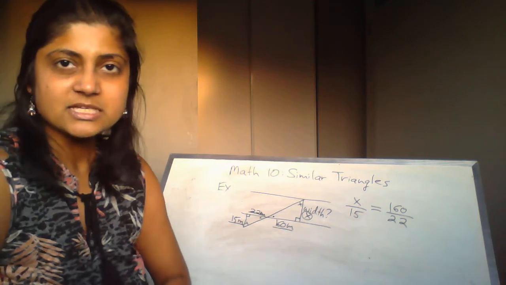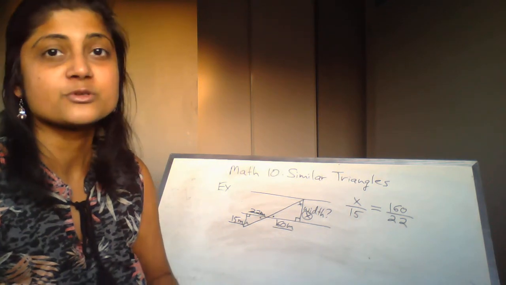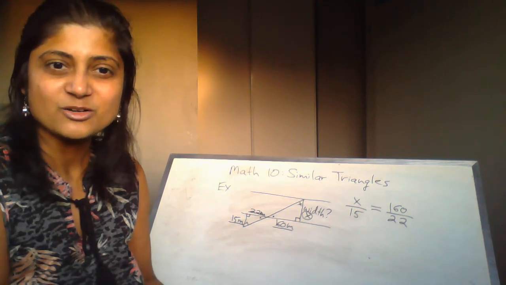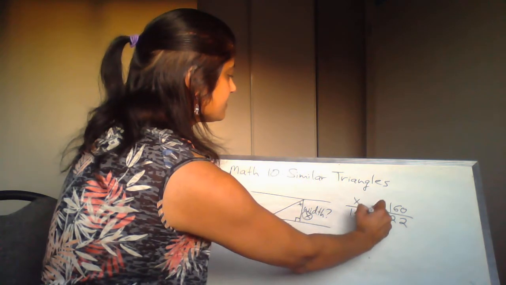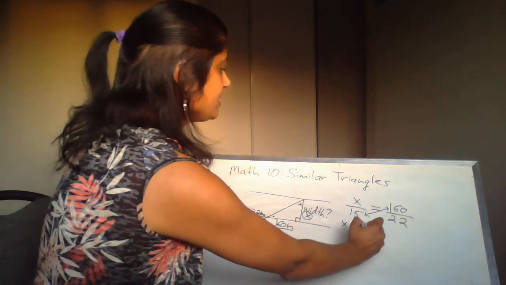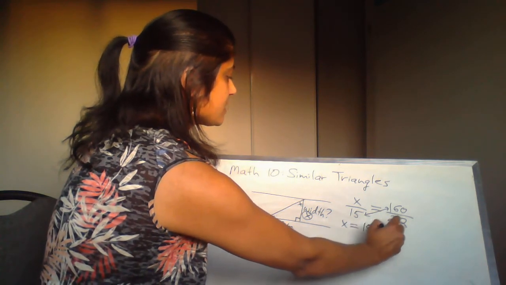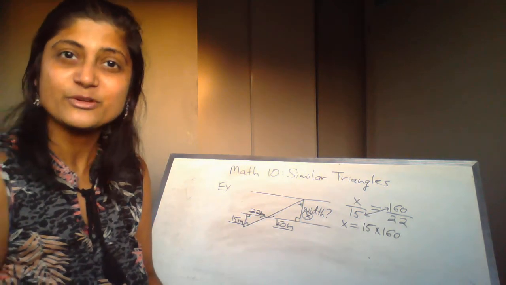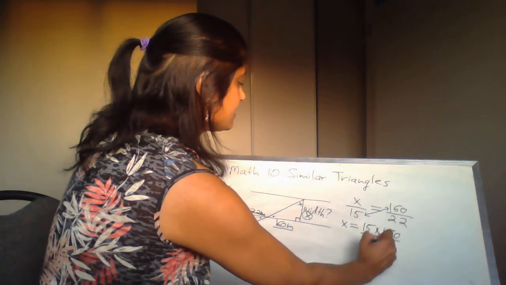So I can see I'm comparing the side of the triangle to the base of the triangle. Again, we're just going to cross multiply this. So I'm going to write it right here: x equals 15 times 160. I'm cross multiplying, and you're going to just divide it by the third side, so divided by 22.